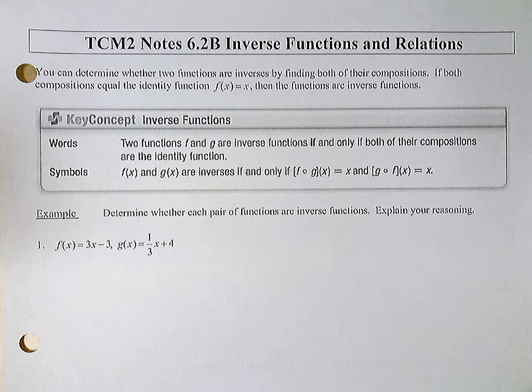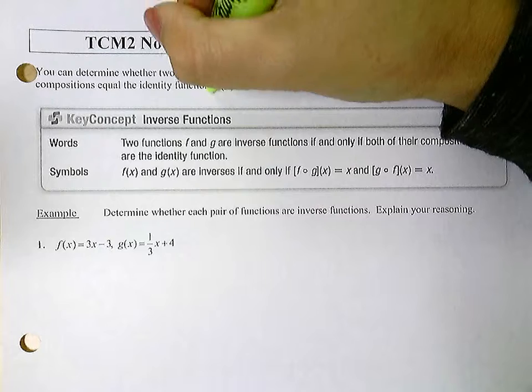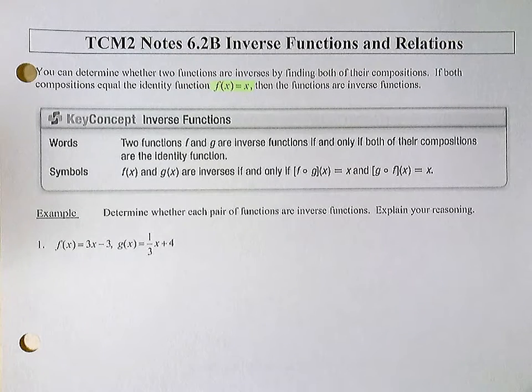Recall compositions had to do with g of f of x or f of g of x. If both compositions equal the identity function, f of x equals x, then the functions are inverses. You have to simplify everything down to get it to equal x.